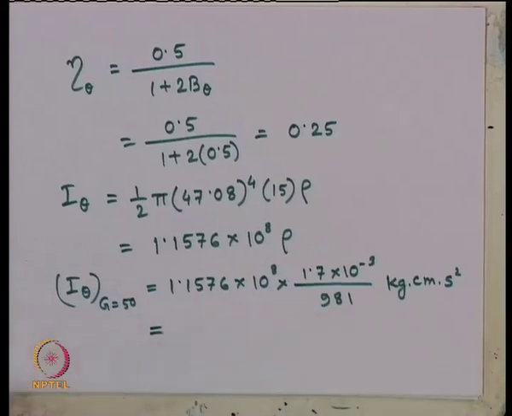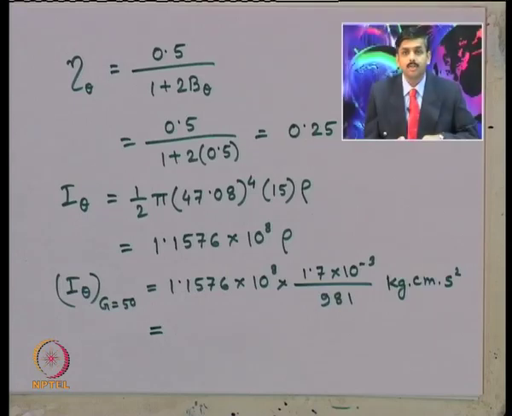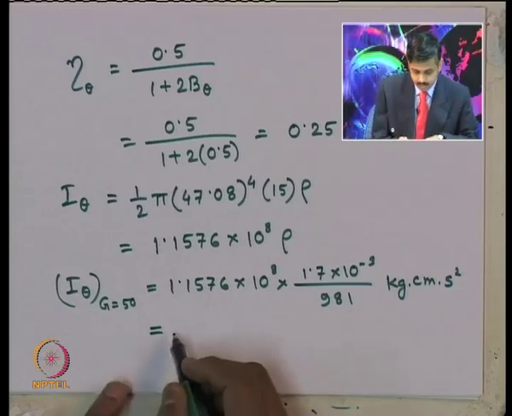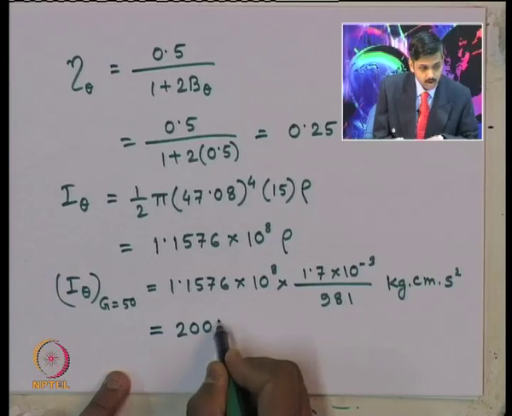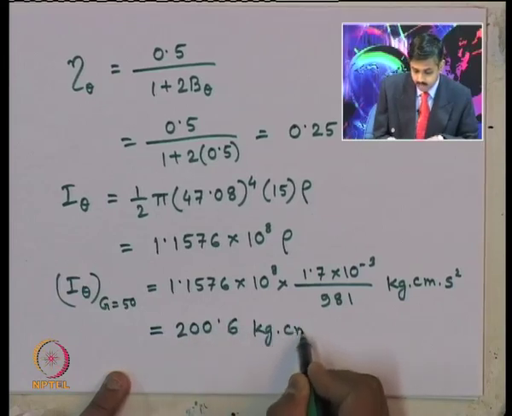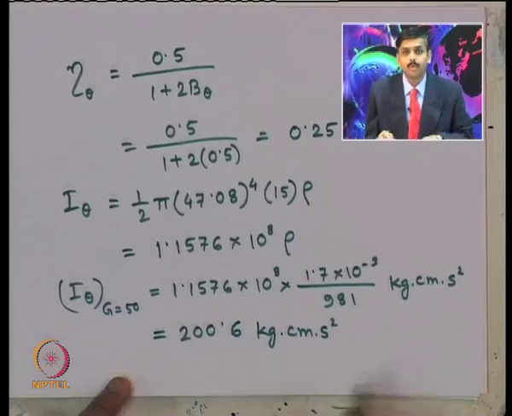So, if we calculate this, how much will we get the value of I theta for g equals to 50 kg per centimeter square? It is calculated as 200.6 kg force centimeter second square. Okay.